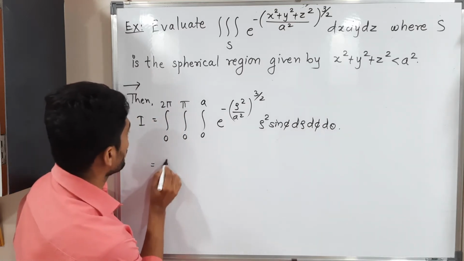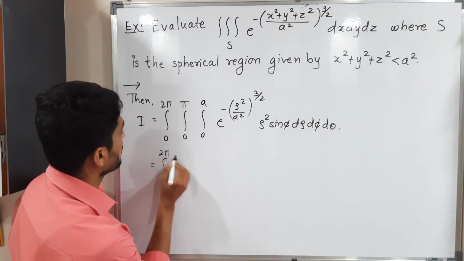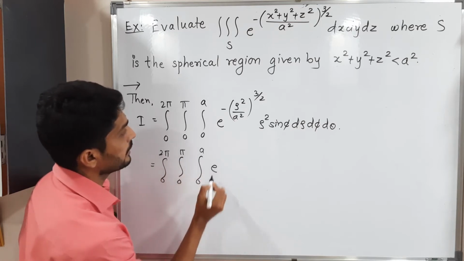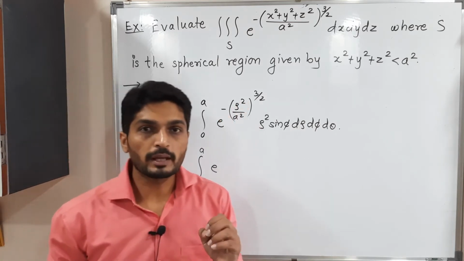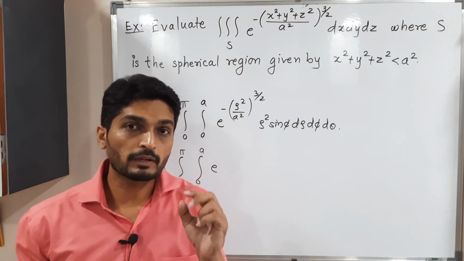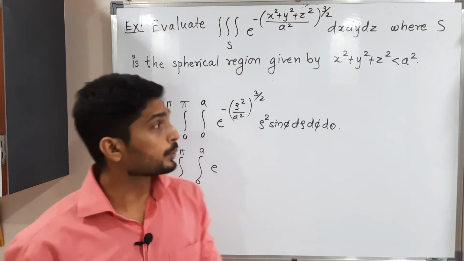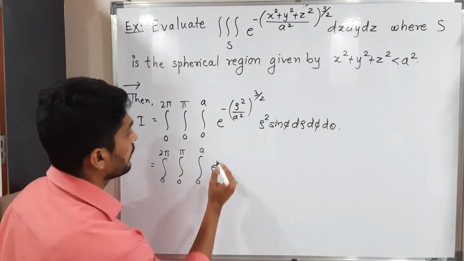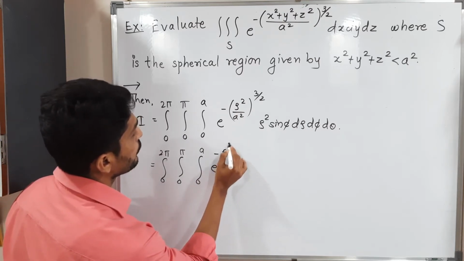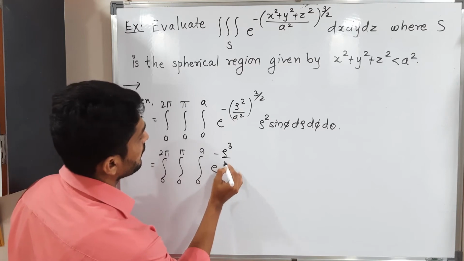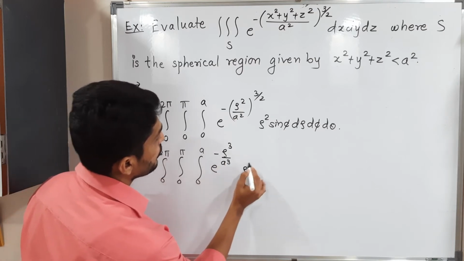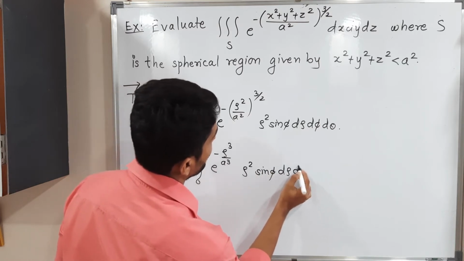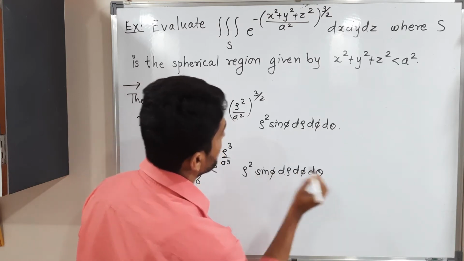So this is equal to integration 0 to 2 pi, integration 0 to pi, integration 0 to a, e raised to, see, both rho and a have power 2. So that 2 and this 1 by 2 will get cancelled, so that's why we will have minus rho cube divided by a cube, times rho square sine phi d rho d phi d theta.